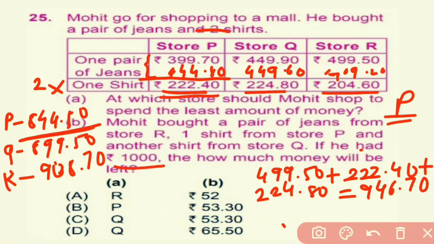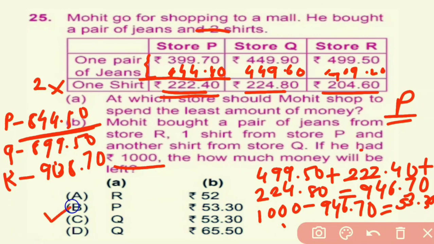So left money is equal to 1000 minus 946.70 is equal to 53.30. So A answer is P and B answer is 53.30. So here B is correct answer.